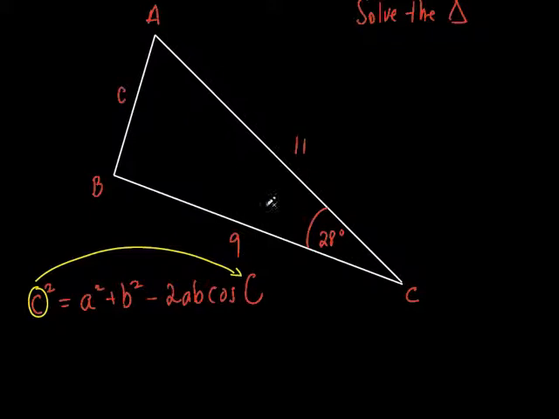What would the 11 and the 9 be as far as our equation? Our A and our B, right? 11 would be the B, and 9 would be the A, because it's opposite the A. But does it really make any difference which one I put in for A or B? Nope. But it does make a difference which one I put in for C. That's a huge thing. So the C, in this case, has to be the side that's opposite the angle.